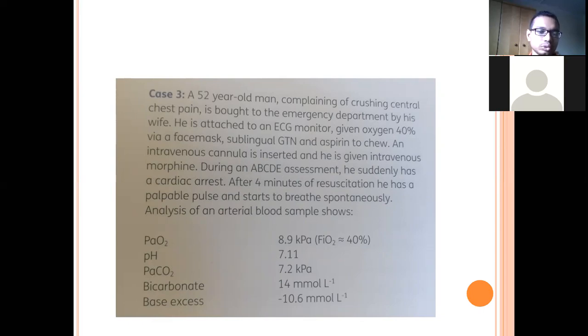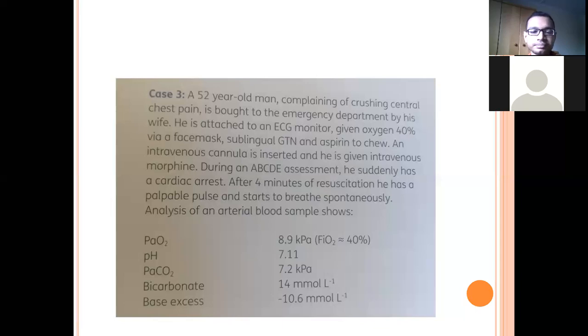The PaCO2, partial pressure of carbon dioxide, is slightly high. At the same time, the bicarbonate is significantly low. And see the base excess, it's minus 10.6. Base excess means too much base, but minus means no more base. What is this? Acidosis. And this bicarbonate and base excess is in favor of the term metabolic, because the kidney controls the bicarbonate.